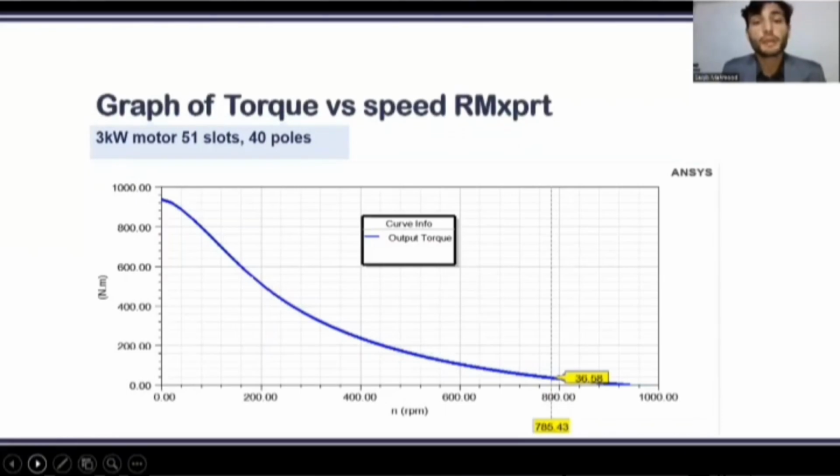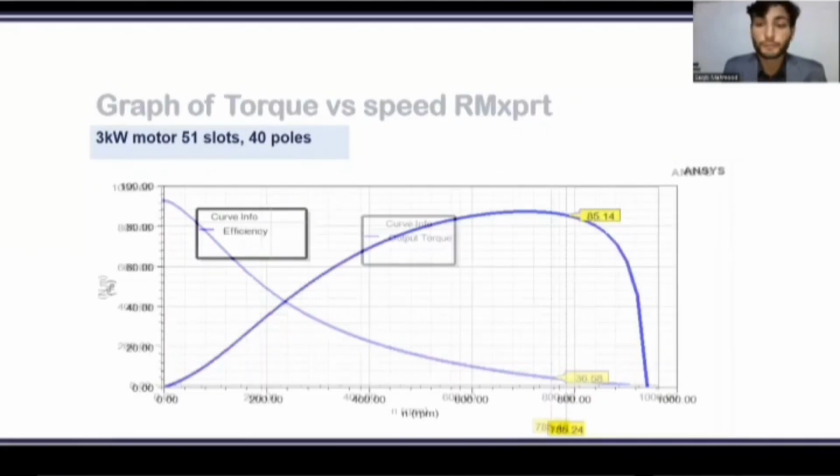So this is the graph of speed versus torque for the 51 slot 40 pole motor. From this graph we can see that at 785 RPM, near the rated speed of 800 RPM, it gave us 36 Newton meter torque, which is a very good value.